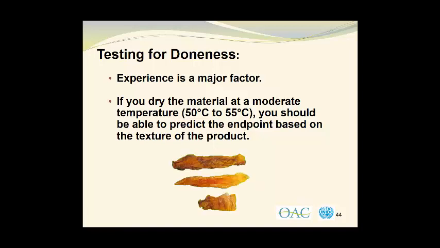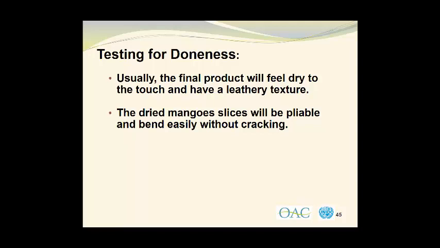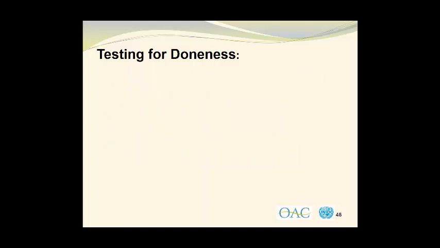Here we have an example of some dried mango slices. Usually, the final product will feel dry to the touch and have a leathery texture. The dried mango slices will be pliable and they will bend easily without cracking. If the final material is too dry, it will become brittle and crack when bent.